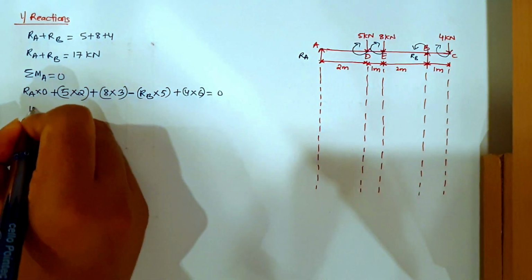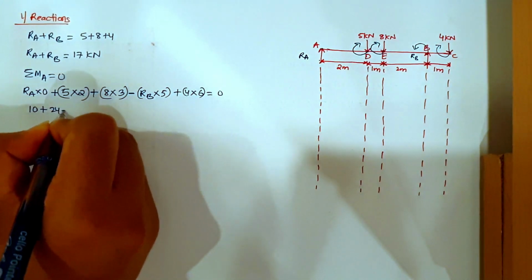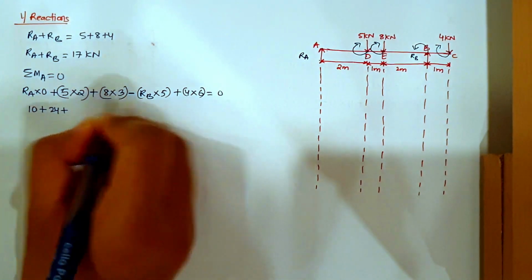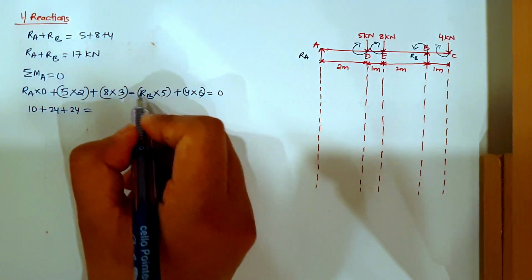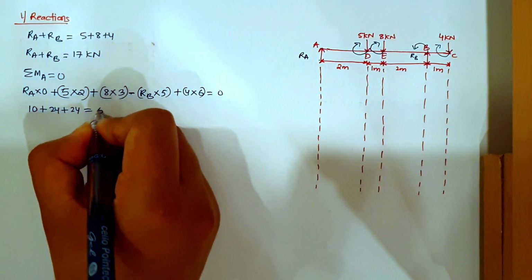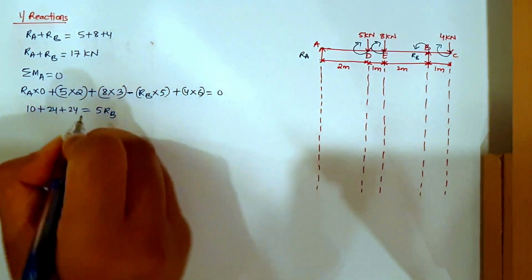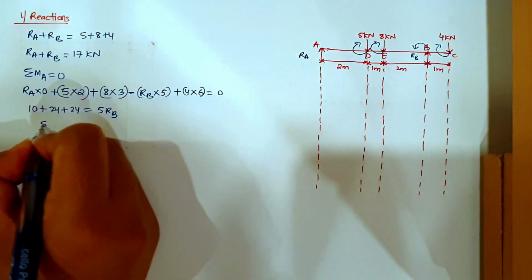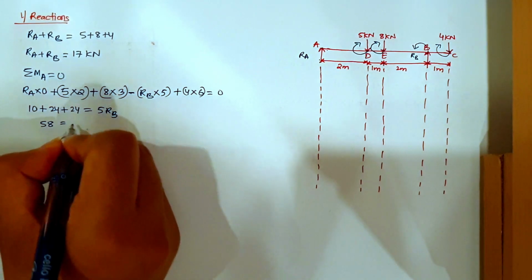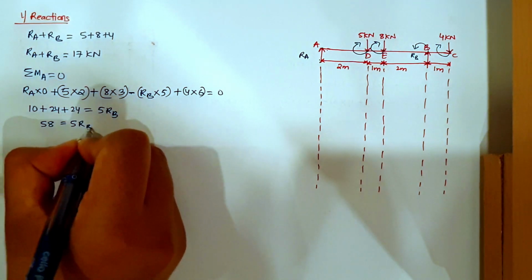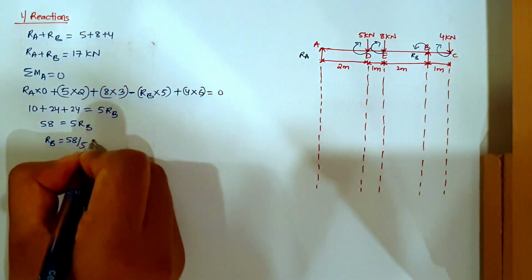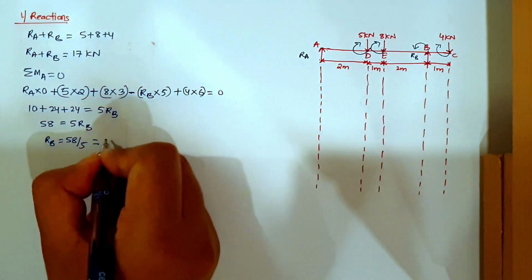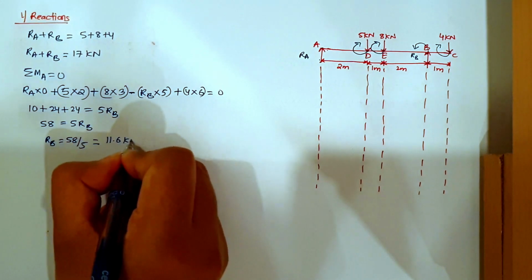Now if you solve this, 10 plus 24, plus 24, equals, I'm sending this minus RB to the right hand side, so it will become 5 RB. Now the total of this comes to 58 equals 5 RB. From here RB will be equal to 58 divided by 5, which comes equal to 11.6 kilonewton.